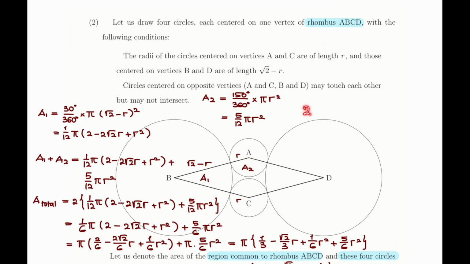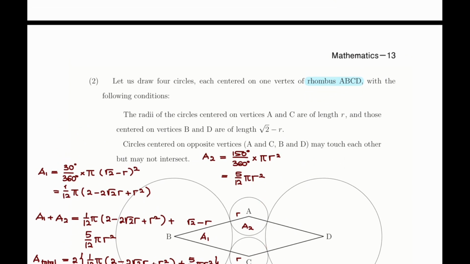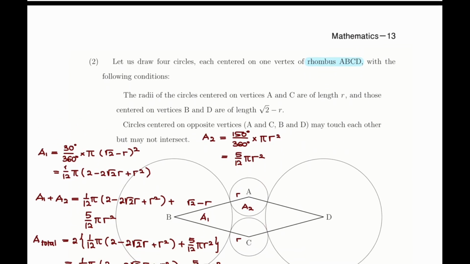Because if 2R is greater than AC, these two circles will intersect each other. So my first condition is 2R must be less than or equal to AC.